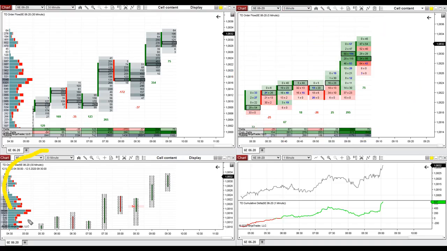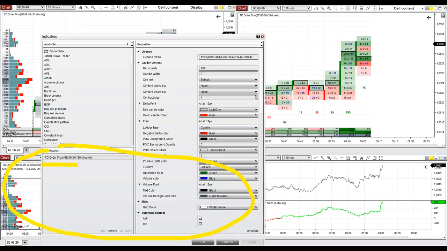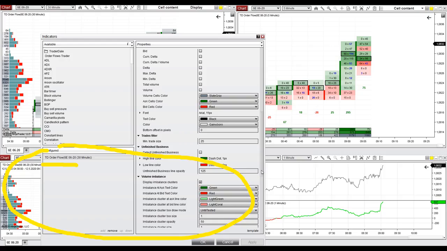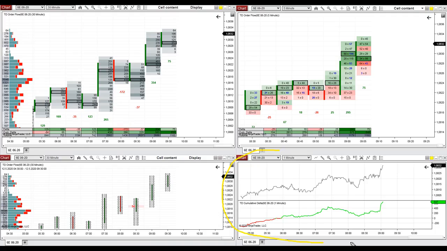Now this chart is a 30-minute chart, and in here I use the trades filter, so it only shows orders which are bigger than 25. You can see it in here. Alright, so this is where I see the big guys entering the markets. And in here this is 1-minute chart with 1-minute cumulative delta.